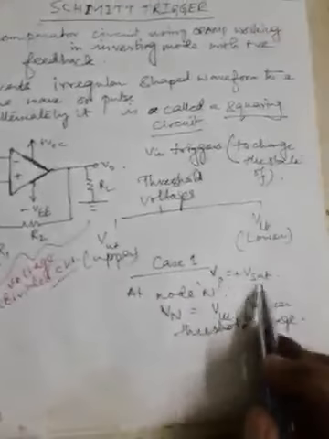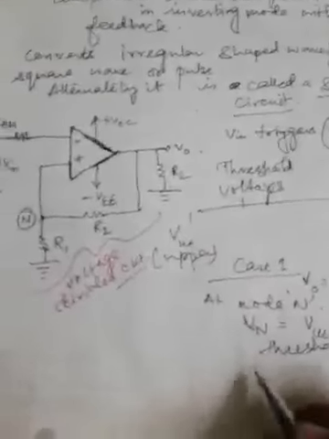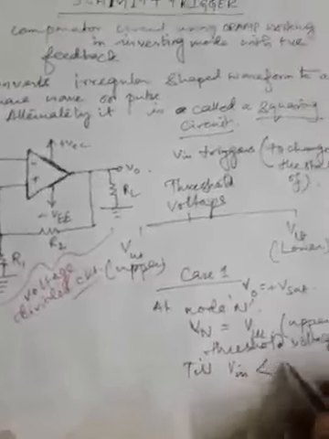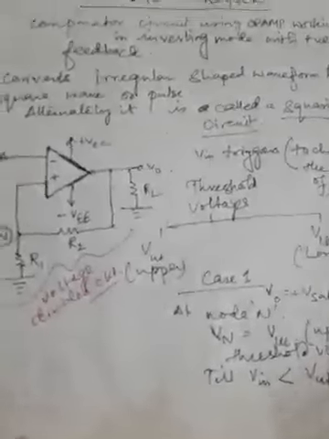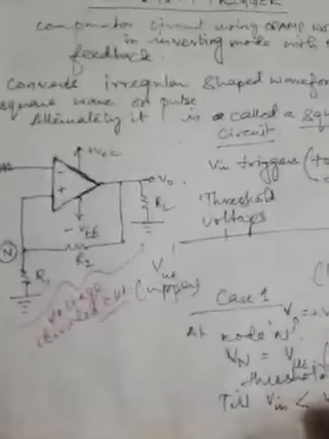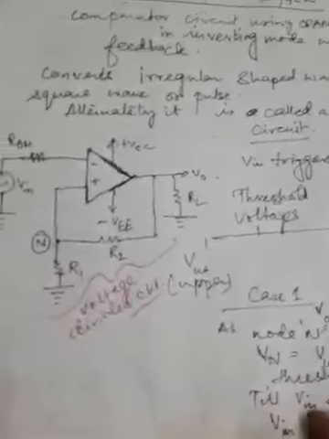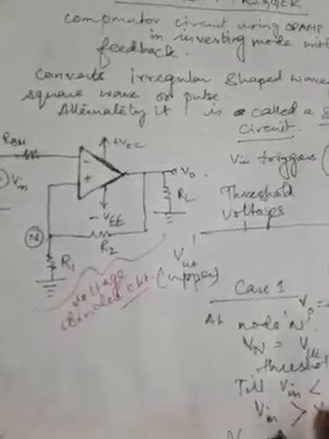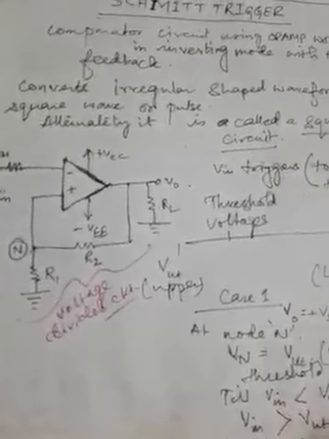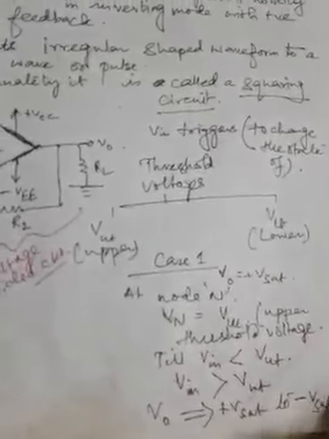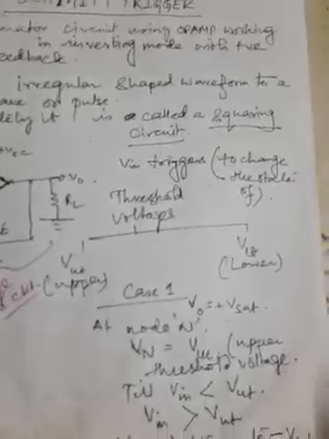So this condition will hold as long as Vin is less than VUT. But whenever Vin is greater than VUT, VO will switch from plus Vsat to minus Vsat, that means positive saturation to negative saturation.